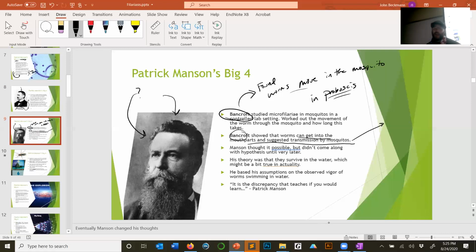And like I said, Patrick Manson did not believe this at the time because his whole hypothesis was that they're transmitted through the water. So he was not a big believer in this hypothesis until much, much later when it was very rigorously proven. But Bancroft was the first guy to posit this because he saw the Microfilaria in the proboscis.